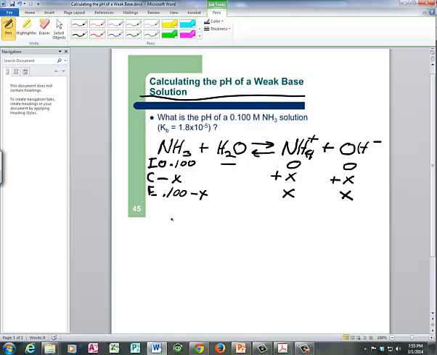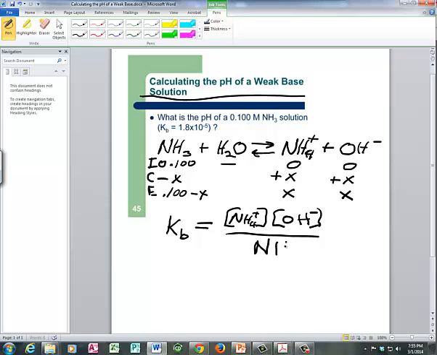We'll set up our equilibrium constant expression, which is going to be Kb this time, not Ka. Our two products are NH4 plus times the hydroxide ion concentration, divided by our reactant, the base ammonia.